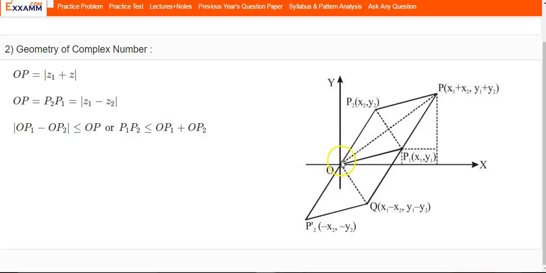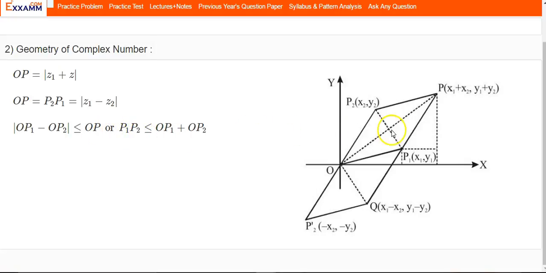Now if we look at this particular triangle OP1P2, the two sides are OP1 and OP2, so their sum is also greater than or equal to P2P1, and P2P1 is nothing but z2 minus z1. So OP1 plus OP2 is going to be greater than or equal to OP or P1P2.